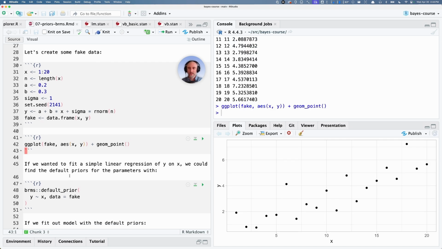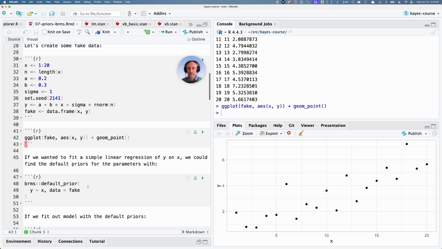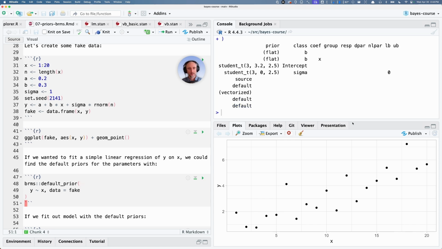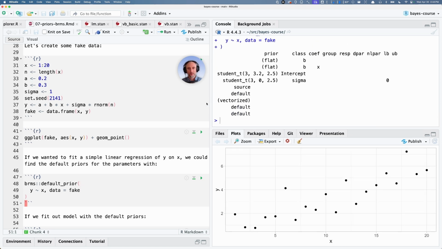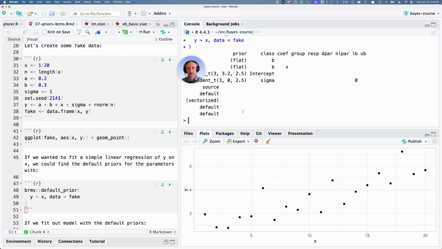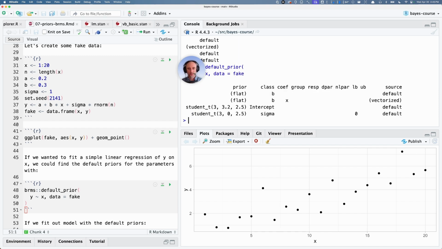So if we wanted to fit a simple linear regression of Y on X, we could find the default priors for the parameters with this function default_prior. And we see something like what we looked at before, but now we don't have to fit the model in order to figure out what we need to supply.